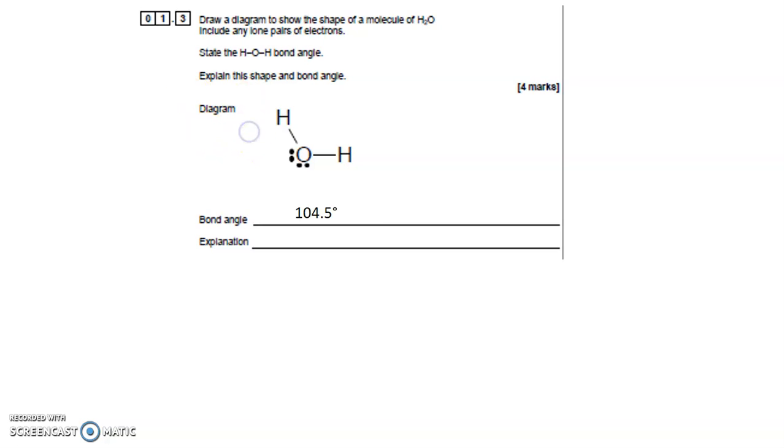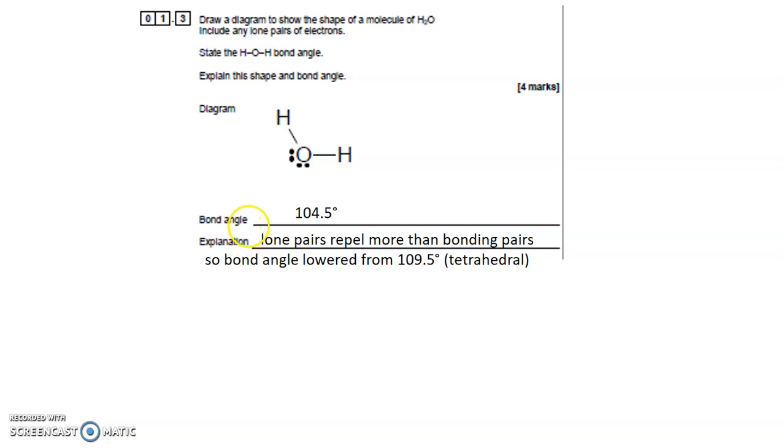So the bond angle is 104.5, and the explanation is that 2 lone pairs repel more than a lone pair and a bonding pair, which is more than 2 bonding pairs, so the bond angle is lowered to 104.5 from that in a tetrahedral, which is 109.5.